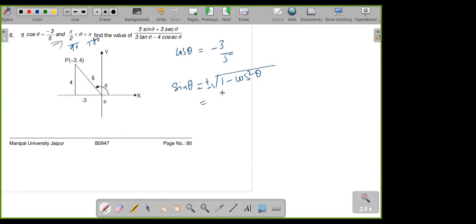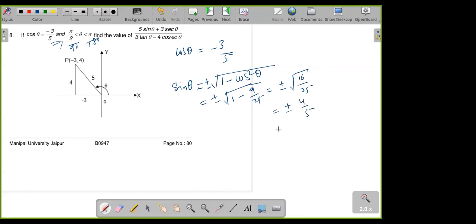So it will be plus minus root of 1 minus 9 by 25, from 3 by 5 whole square, which is plus minus root of 25 minus 9 over 25, that is 16 by 25, and this will be plus minus 4 by 5.